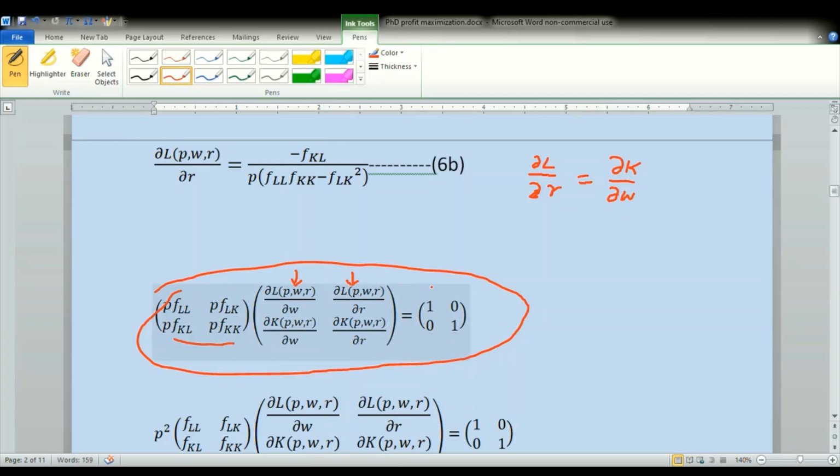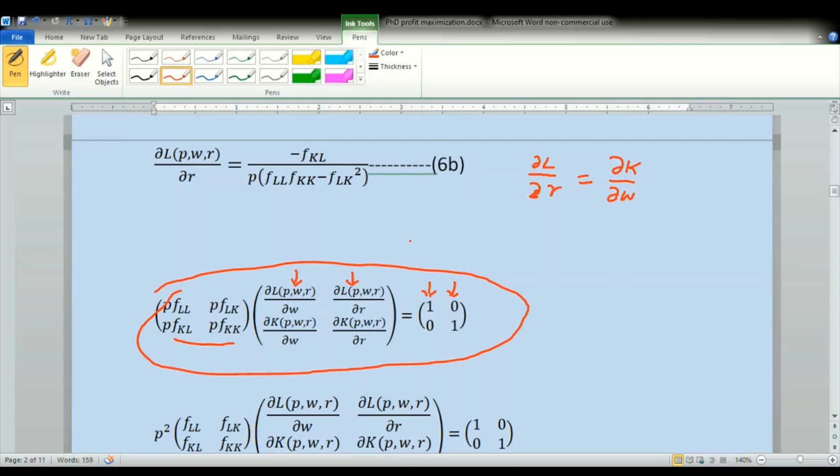On the right hand side of equation 5 we had this column vector 1 0, and on the right hand side of equation 6 we had this column vector 0 1. So we can make the two systems into one in the form of matrix. So this is a rather compact form of writing the entire system.